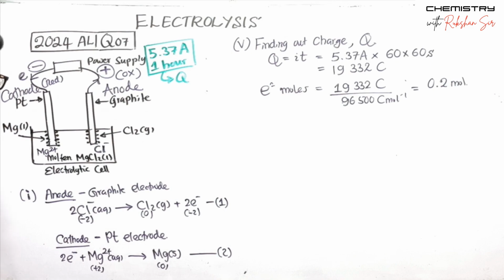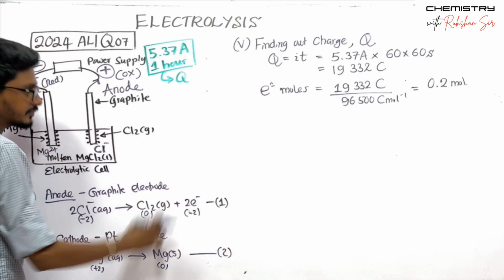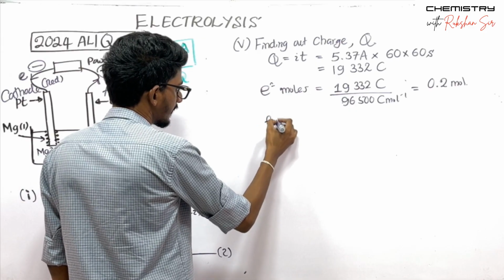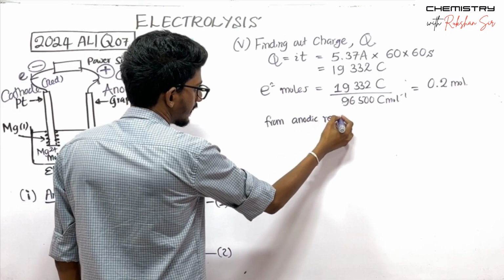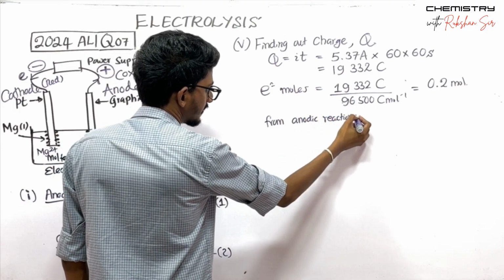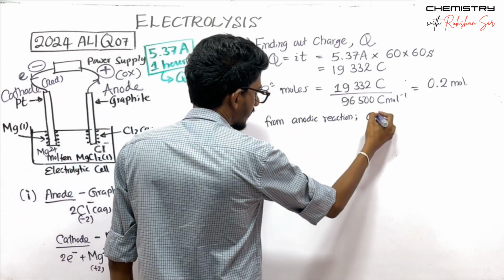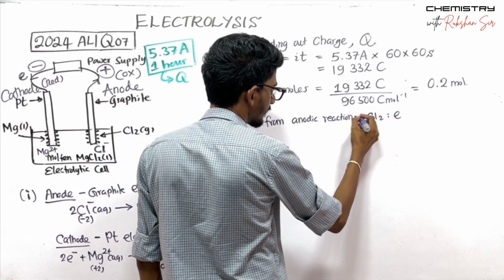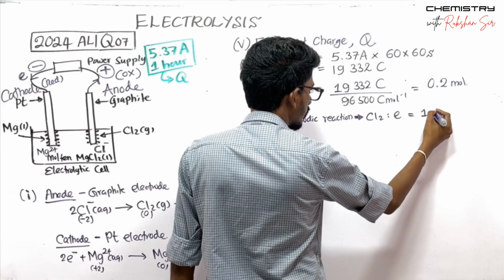So now we can relate the electrons to the number of moles of Cl2. From the anodic reaction, Cl2 to electrons are in a 1 to 2 ratio.